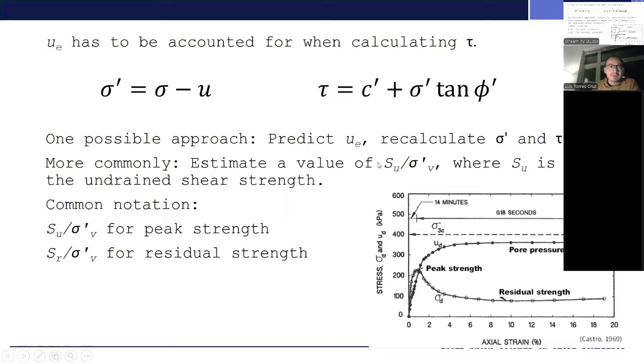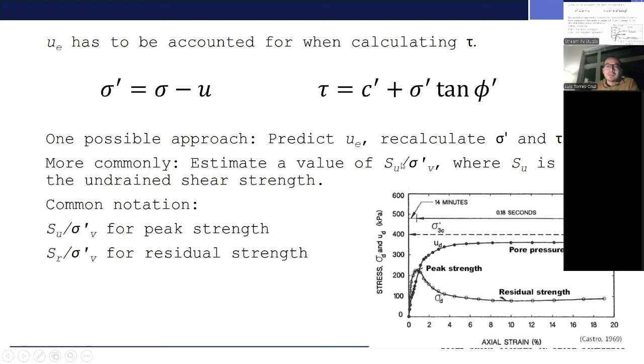But much more commonly, what we attempt to do, as Andy alluded to already, is to estimate the value of this shear strength ratio, so the undrained strength divided by the vertical effective stress.